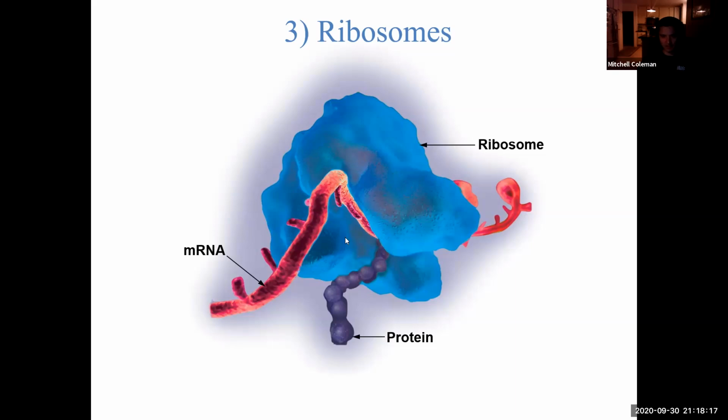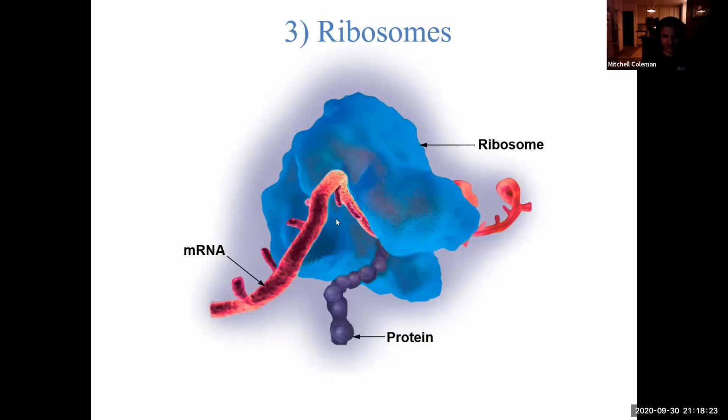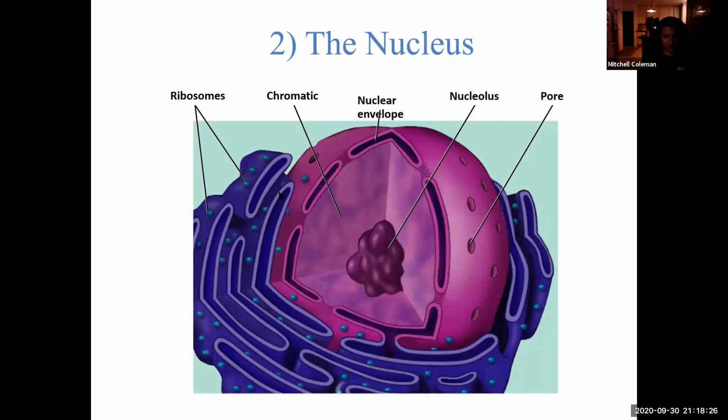They can exist floating in the cytosol, kind of freewheeling, but they can also exist embedded in a structure of a different organelle type. So here, these little blue balls are ribosomes. There are many ribosomes in an individual cell.